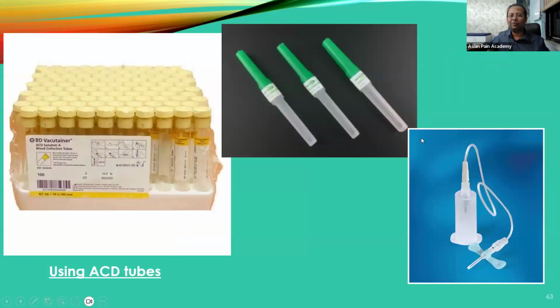That's why we say that after taking out the blood, within half an hour that platelet should be within the patient's body. You cannot freeze it, you cannot heat it. So temperature control should be there, from body temperature to body temperature.